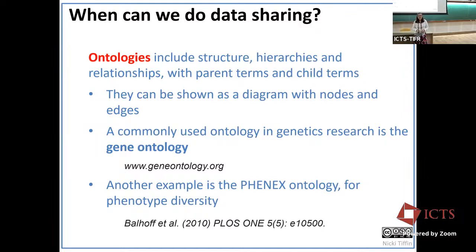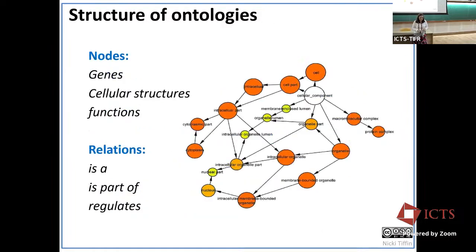So gene ontology is a huge collection of ontologies where you have these different terms that are connected in a graphical way. The gene ontology is not acyclic, so it can have these more circular relationships.